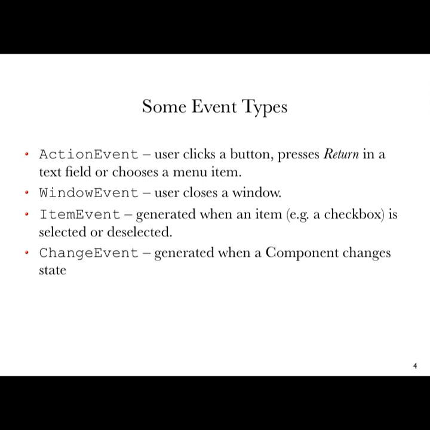Most of the time, for most programs, you're probably going to work at that level. Someone clicks a button, someone presses return because they've entered a piece of text, someone chooses an item from a menu. Ideally, in doing that, you don't want to track the detailed movement of the mouse.